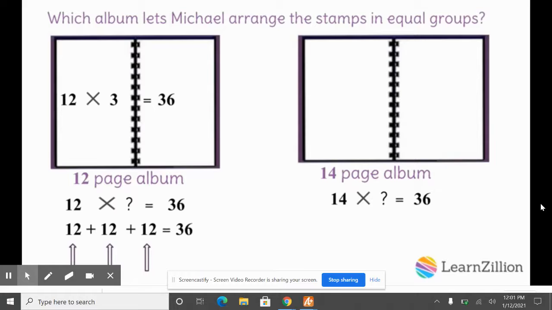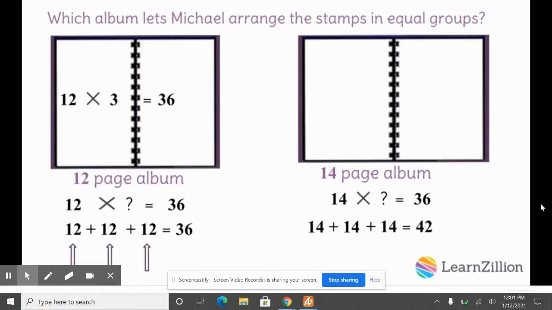Next, we would test the 14-page album the same way. We will also run a division. 14 plus 14 is equal to 28. And then another 14 brings us to 42, which is greater than 36.